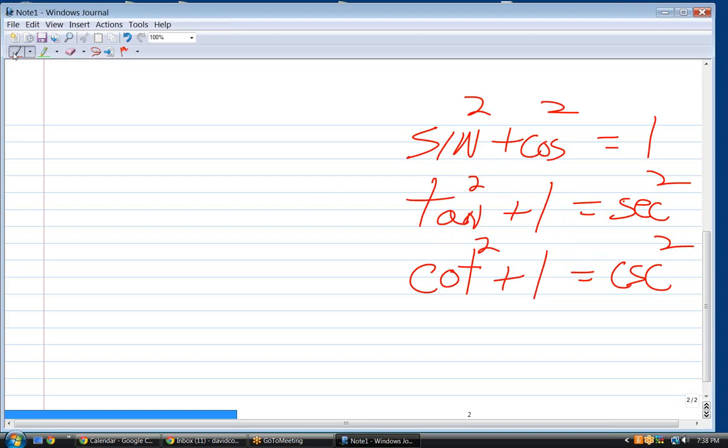I'll leave those up there for a moment. What's the next one you have? Maybe we'll need one of them also. Before we go to the next one, what's sine squared theta over sine theta reduced to? So that just becomes sine theta? Yeah. In other words, sine squared theta is the same as this.